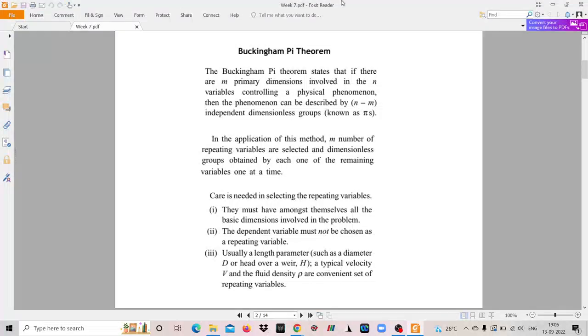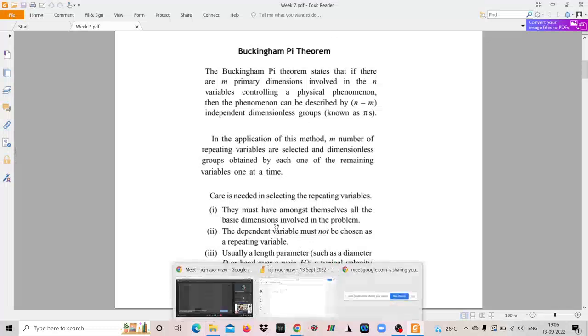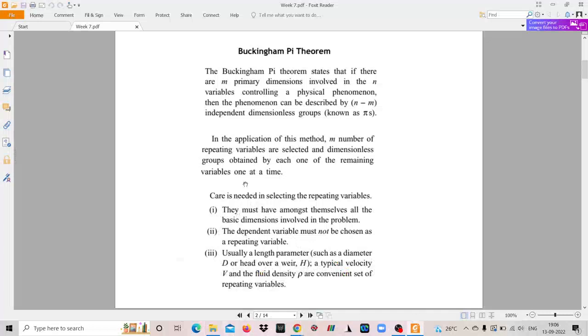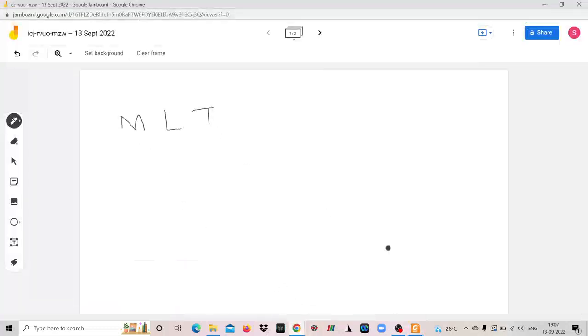There are some rules, and sometimes in some problems you may find more than m variables which satisfy this criteria, but as a basic rule you should remember these three. These m repeating variables must have among themselves all the basic dimensions involved in the problem, that is, mass, length and time.